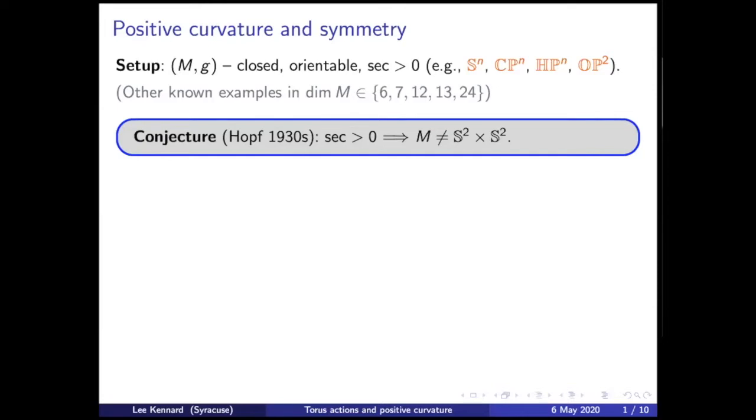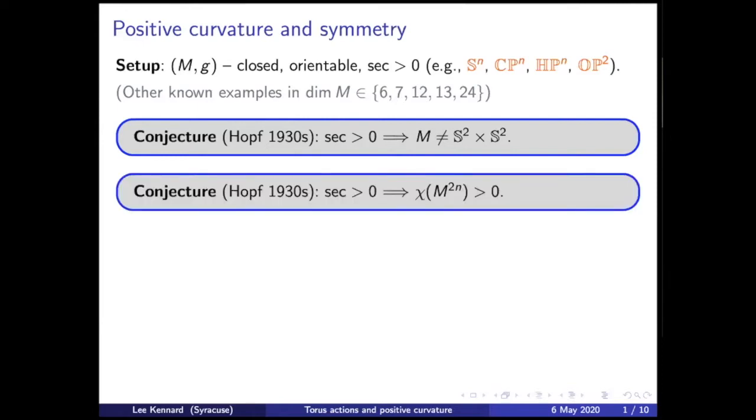The most famous one is due to Hopf. Well, it's a conjecture of Hopf that, for example, S2 times S2 does not admit positive sectional curvature. Related to this is to think about the Euler characteristic and whether that's positive in positive sectional curvature.